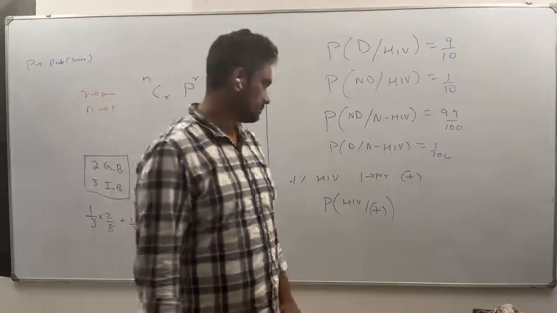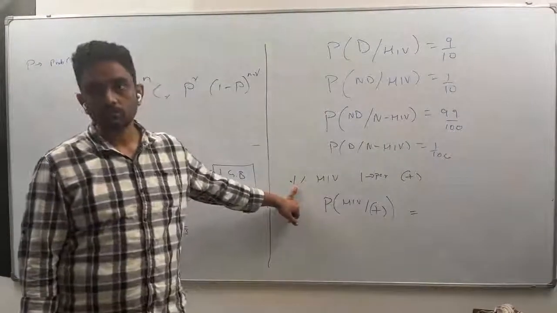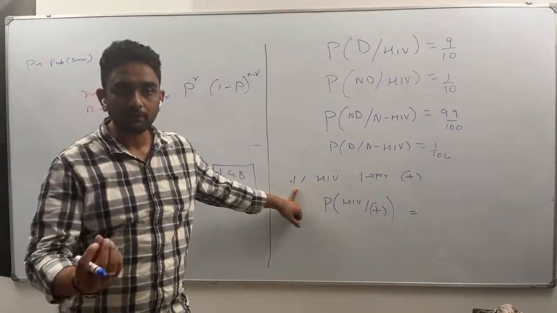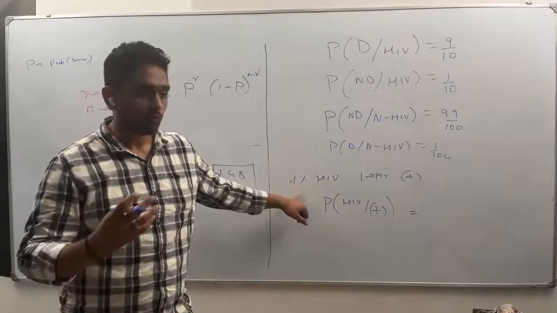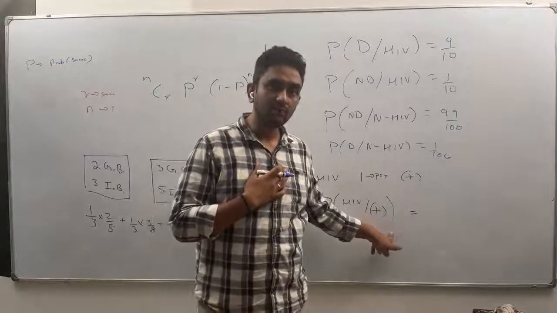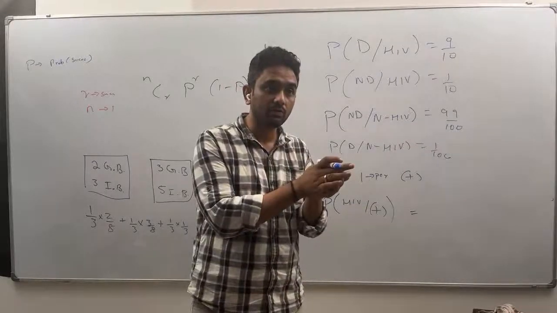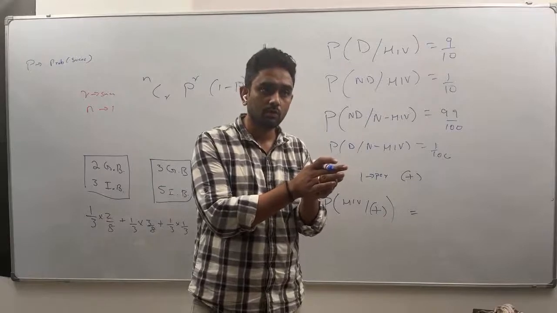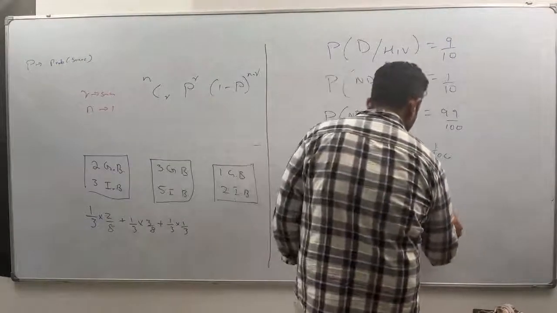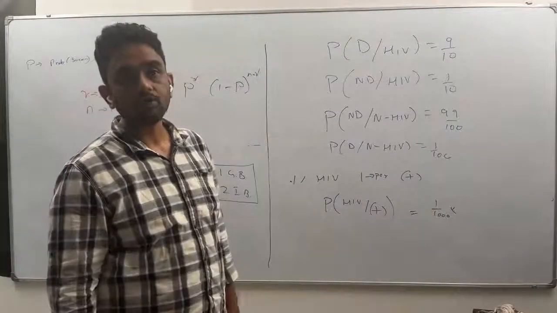HIV itself is 1/1000, like 0.1% of population have HIV, right? So what I want is HIV given positive. My favorable case is both, HIV intersection positive. So those who have HIV are 1/1000 into those who also came out to be positive.